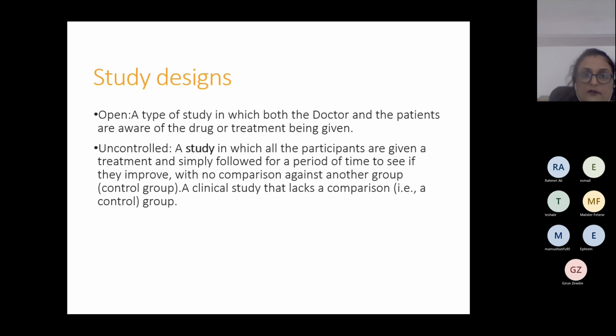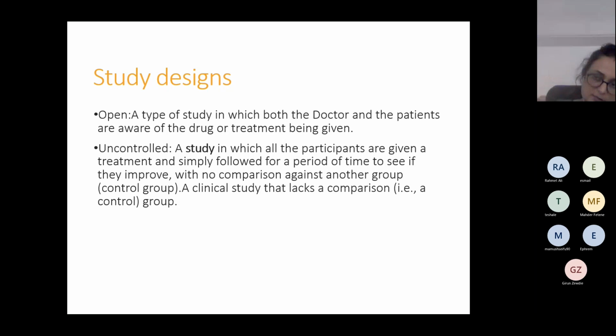A clinical study that lacks a comparison is called an uncontrolled trial. So here, this is a study in which all the participants are given a treatment. They are followed for a particular time period and it is seen whether it is giving any improvement or not. But they are not compared with any group.